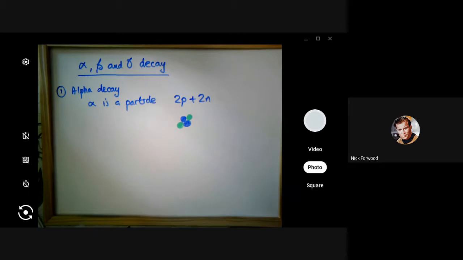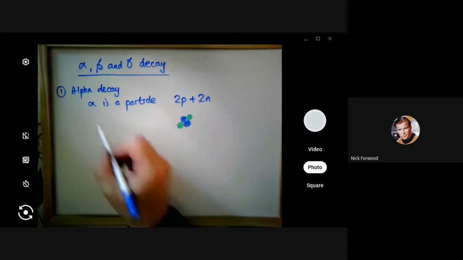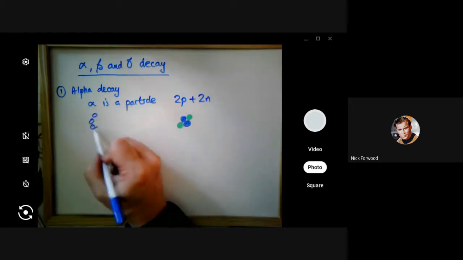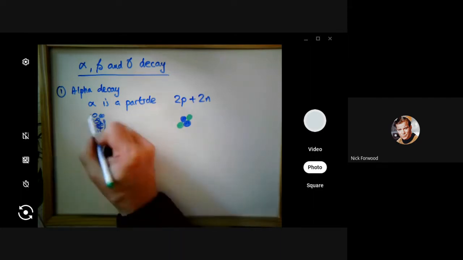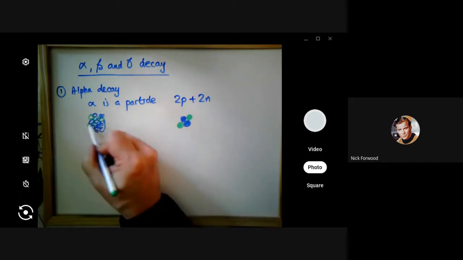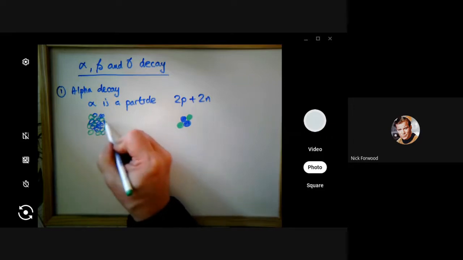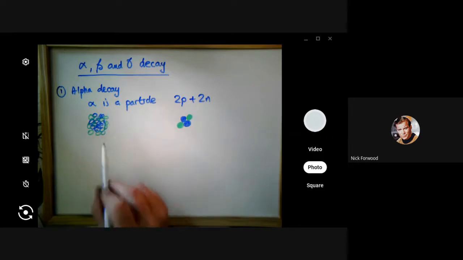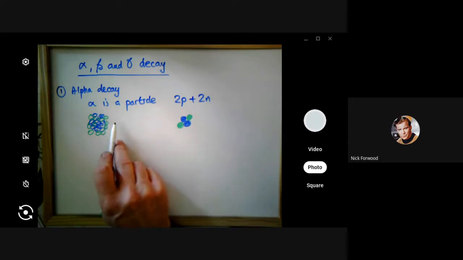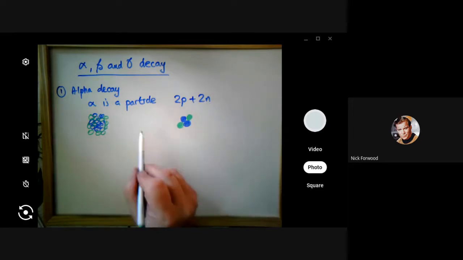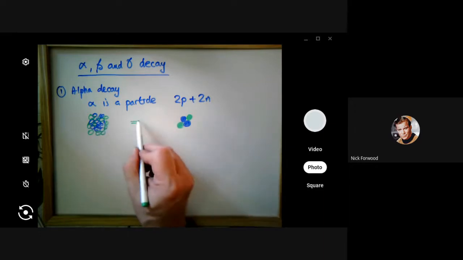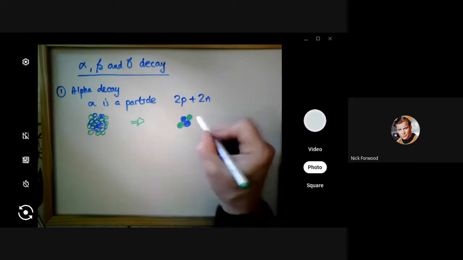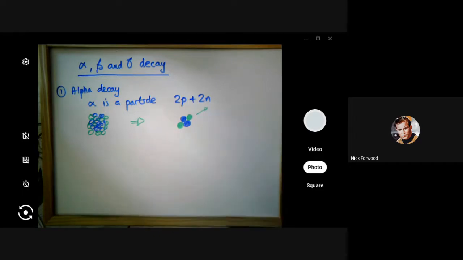It would come from a much bigger nucleus, which I'm not going to draw and do all the colouring in. I'll just quickly do a bit of scribbling here with loads and loads of neutrons as well. And we've got a big, heavy nucleus, and that decays. And what the word decay means is it shoots out an alpha particle. So this big nucleus will change into an alpha particle, which goes whizzing off, like that.